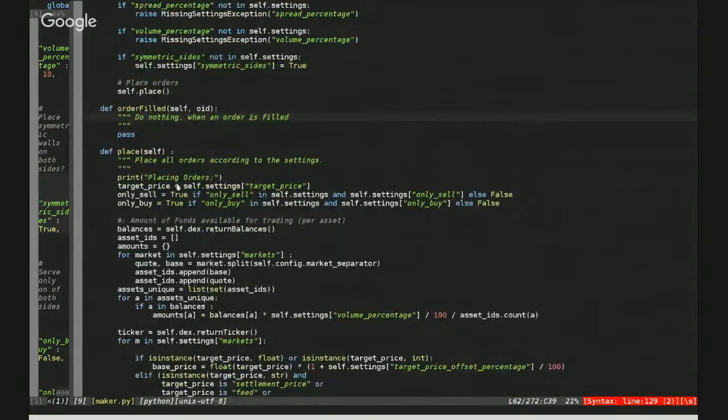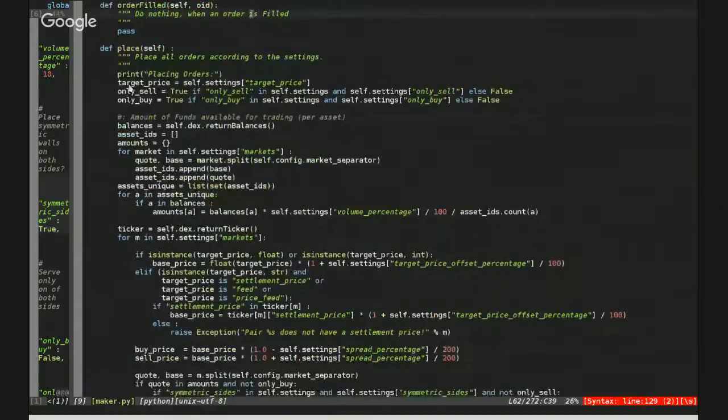Anyway, place order is what makes this bot do what it should, and well, it's grown code. It could be way simpler, but because of these parameters we can define, it kind of grew into more lines of code. For instance, there's this only sell, only buy stuff. Then there's this stuff that figures out the amounts that we want to spend on both assets depending on the balance and whether we want to have symmetric.